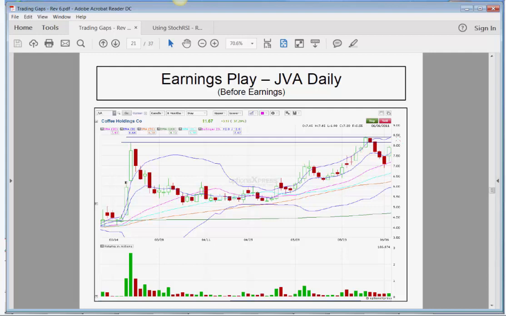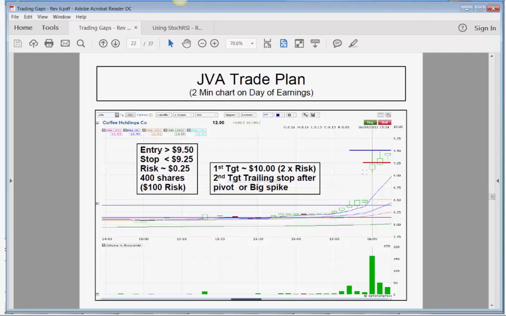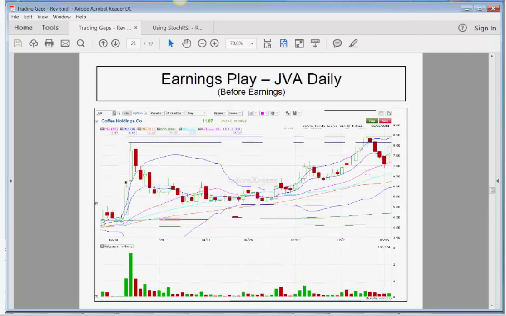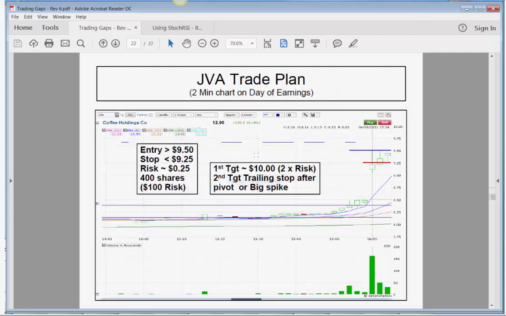All right, so this is before earnings. Anything over 8.5 or anything under, say, 7 to $5.50, long or short. Okay, it gapped to a little over 9, well above 8.50.